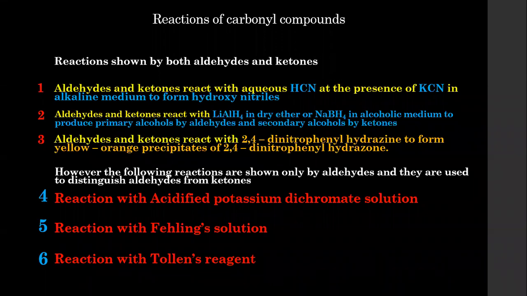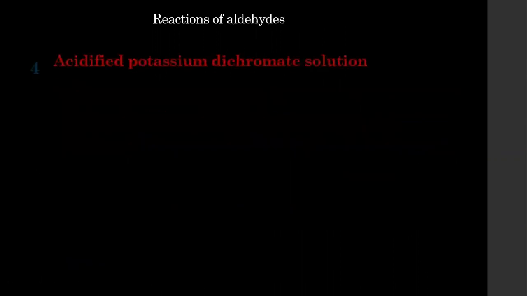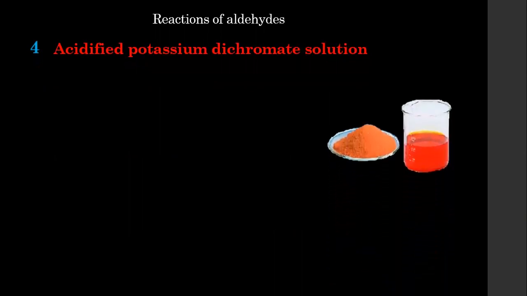Because these 3 reactions, reactions number 4, 5, 6, are going to distinguish aldehydes from ketones, it's worthwhile going through the nature of these solutions a little bit, I mean, the appearance of them. You should know as a chemistry student the colors of these solutions and the observations as well.